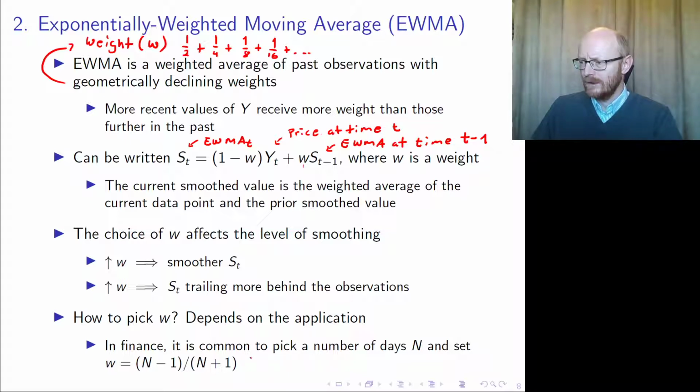So, for example, for an exponentially weighted moving average with 5 days, the W is 5 minus 1.